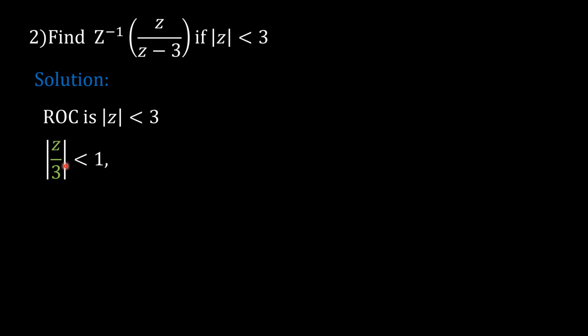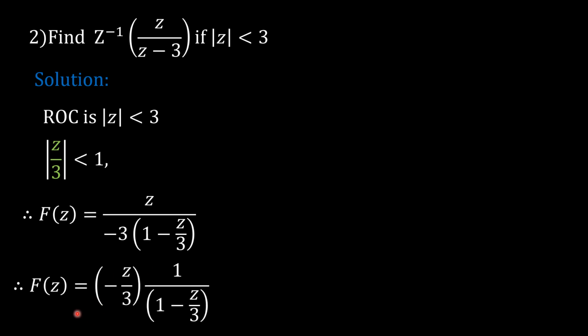Now, to get this z by 3 term in the f of z, we need to take 3 common, and to express the denominator in the form 1 minus r, we need to take minus 3 common. Therefore, f of z will be z divided by, see here we have taken minus 3 common, so the denominator becomes 1 minus z upon 3.